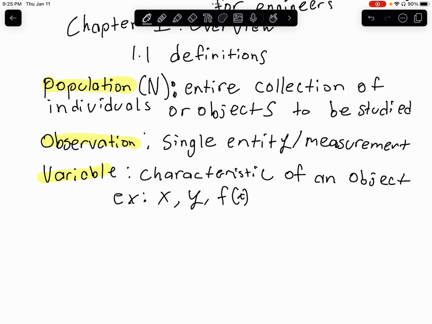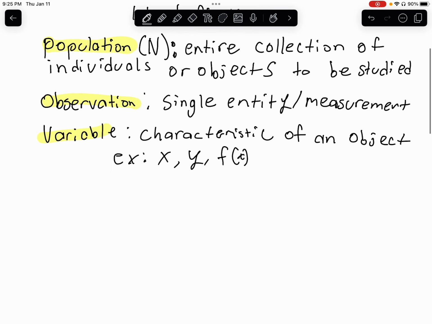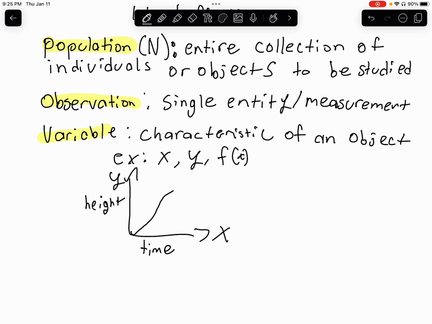We could define these as basic entities in graphs, but we can also define them differently. Let's say we have a plot of a graph, y against x, of course. We can define x as time. Time is always infinite, always going forward. And then let's say y is height. As age increases, you might hit your peak height and then slowly go a little bit down. So this could be a variable that we use to characterize this object.